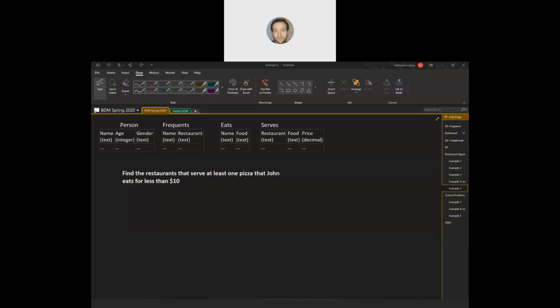Okay. Let's try this first one. Thank you, Toyin. Pi restaurant, sigma food equals pizza and price less than 10.